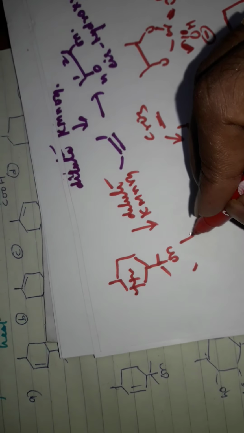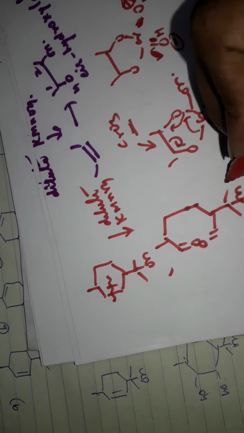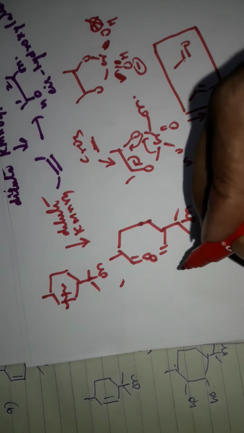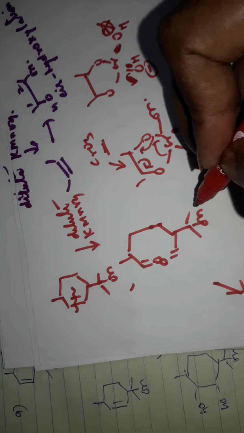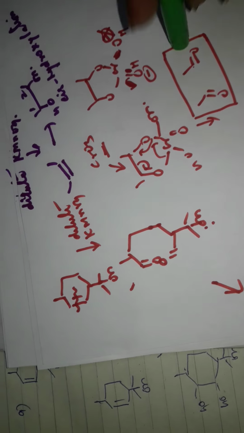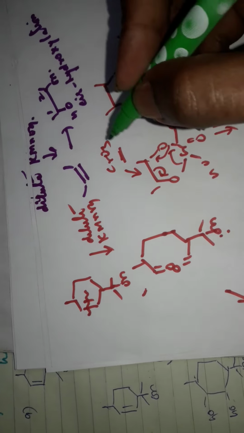So it forms like that, with OH like that. So two C=O are formed here. If you see here, the lone pair of oxygen will attack which one?